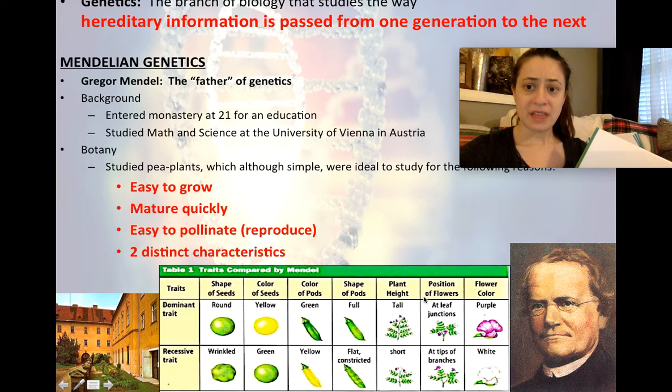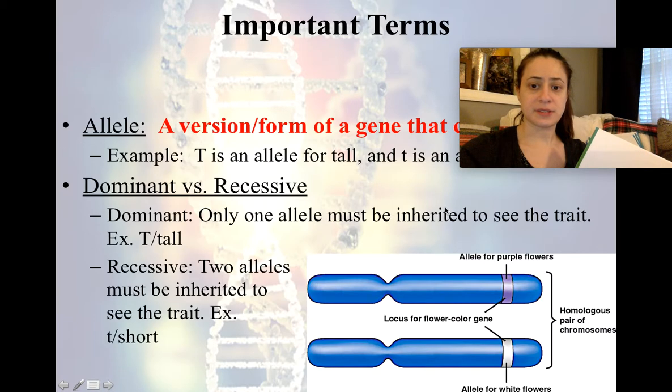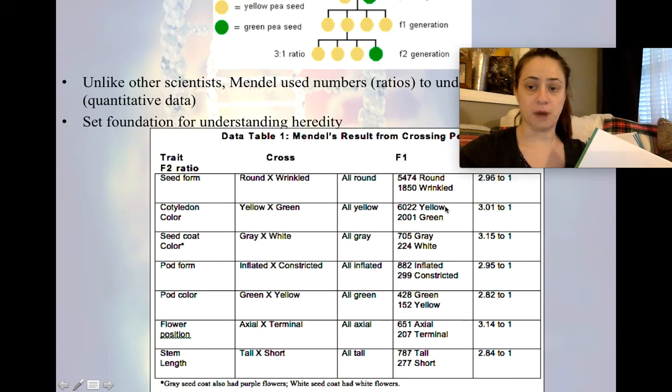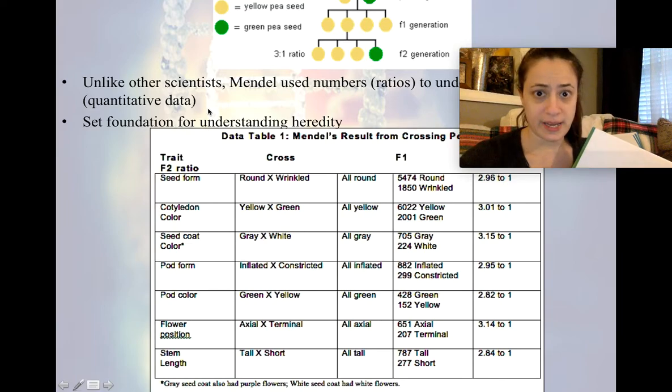Now, there are some important terms if we are going to better understand genetics. But before we get to that, unlike other scientists, Mendel used numbers and ratios in order to understand his data. So by performing all these experiments and doing so many trials with many offspring, he was able to obtain large numbers and draw conclusions.